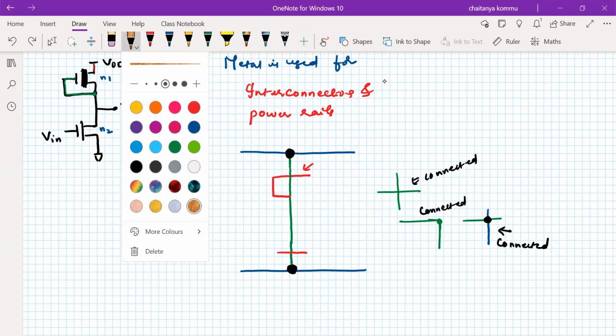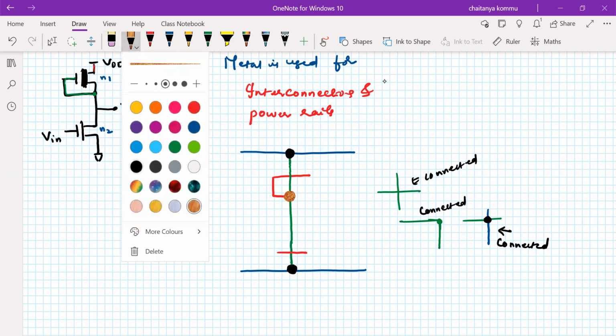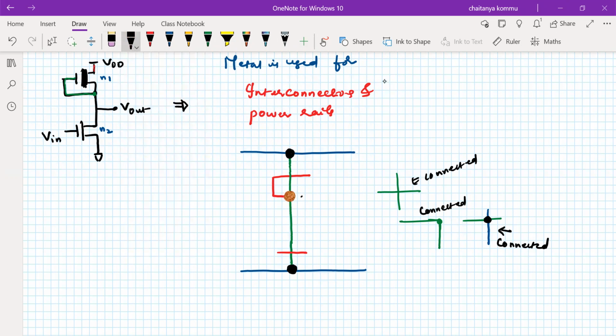So please remember, a brown color contact. We call it a buried contact.